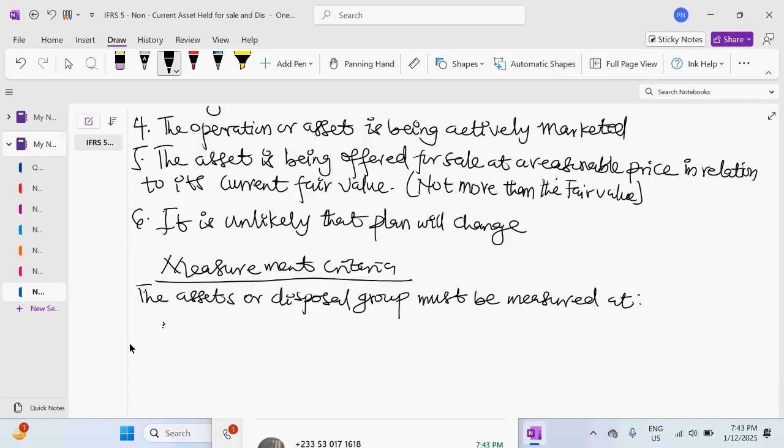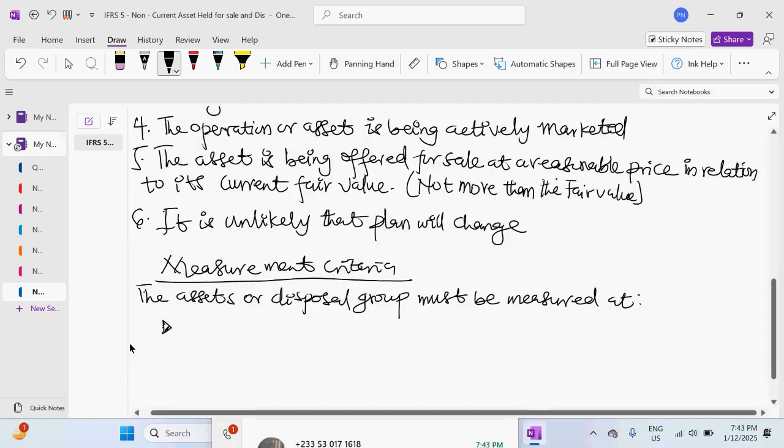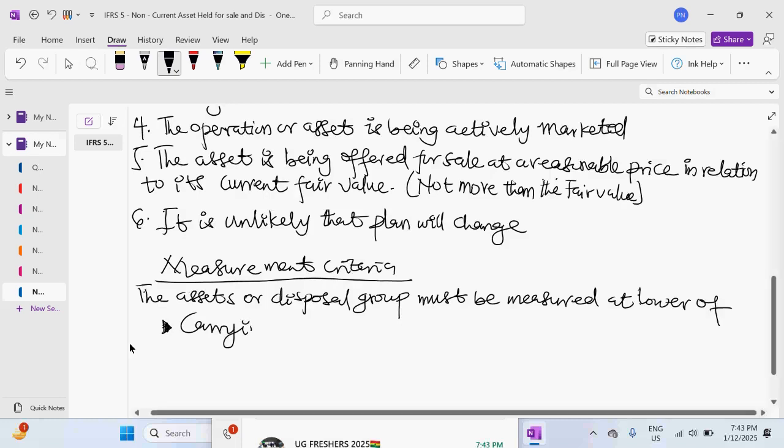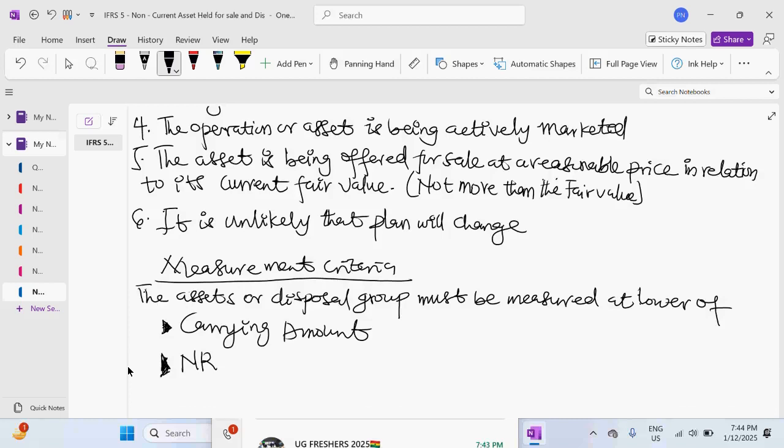Measurement criteria. So that is measured at the lower of the carrying amount and the fair value less cost to sell. So that is basically the net realizable value.